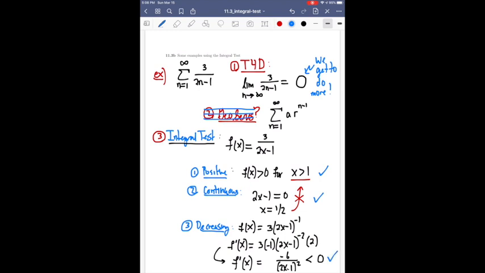So now that we've shown that our function satisfies these 3 criteria, we can go ahead and implement the rest of the integral test, which is performing that improper integral. So let's do that now. We perform the improper integral from 1 to infinity of our function, which in this case is 3 all over 2x minus 1.